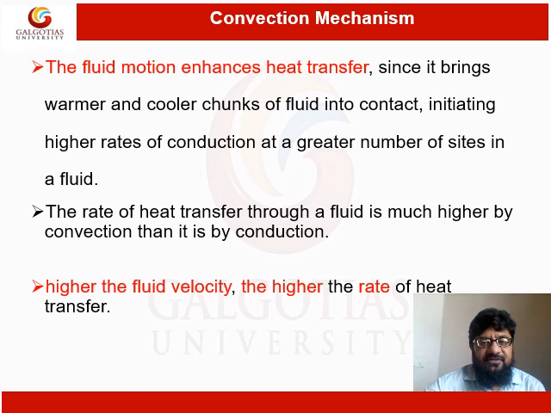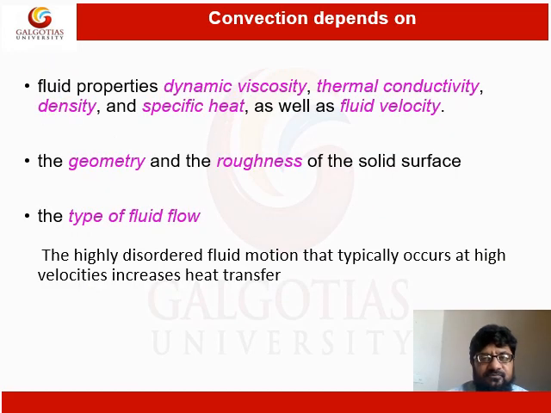The rate of heat transfer through convection depends upon various parameters. For example, the higher the fluid velocity, the higher the rate of heat transfer. The rate of convective heat transfer strongly depends upon fluid properties like dynamic viscosity, thermal conductivity, density, and specific heat, as well as the fluid velocity.